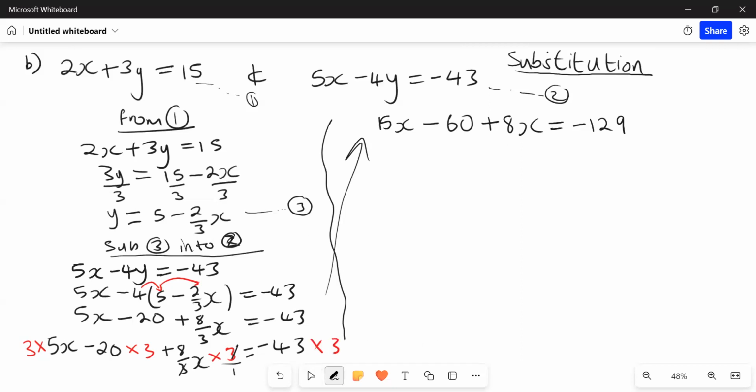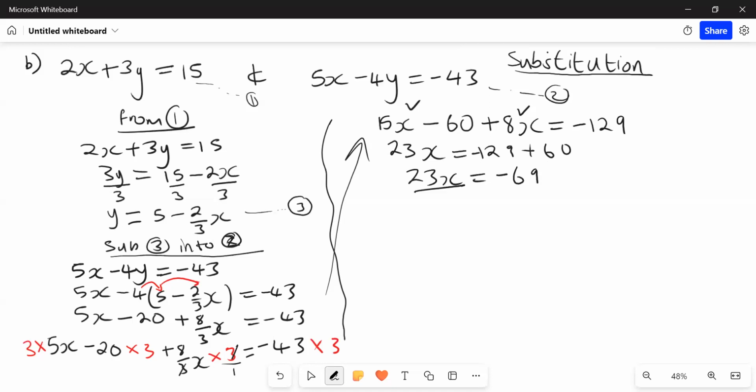Our like terms there, we have x and x, right? So 15 plus 8, that's 23x equals negative 129 plus 60, and we get negative 69.